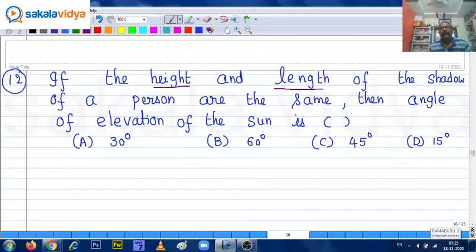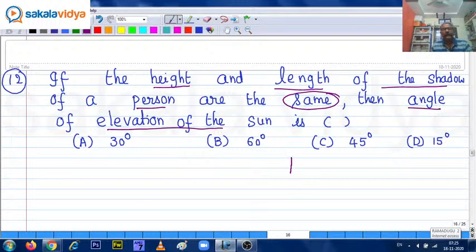Height and length of the shadow of a person are equal. Then we need to find out the angle of elevation of the sun. See, this is the height, this is the length of the shadow. Both are equal. Say for example, this is h, this is also h. Theta we need to find out.